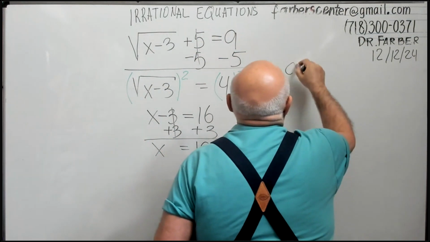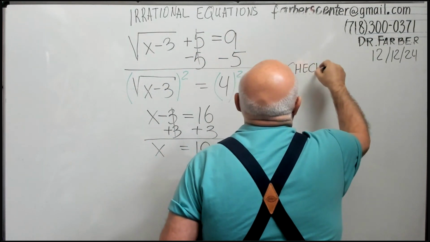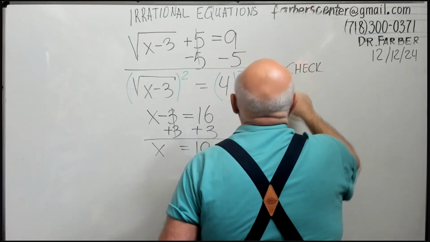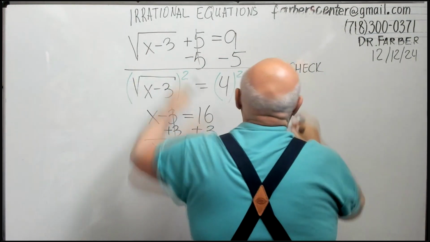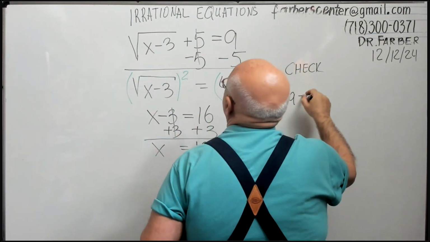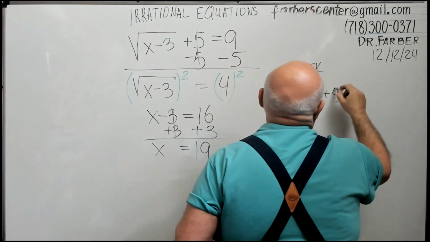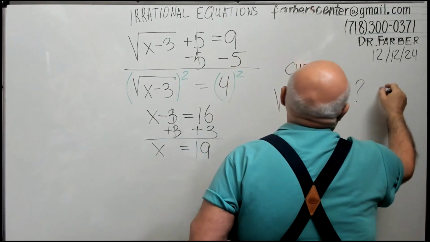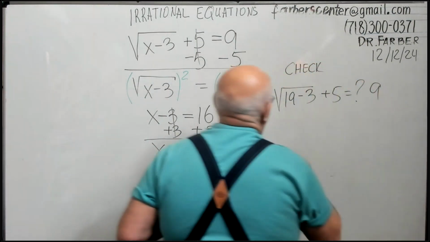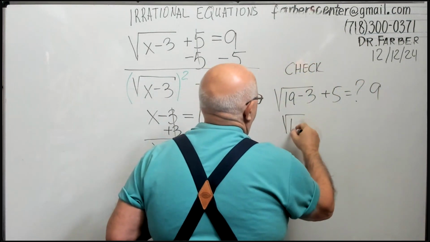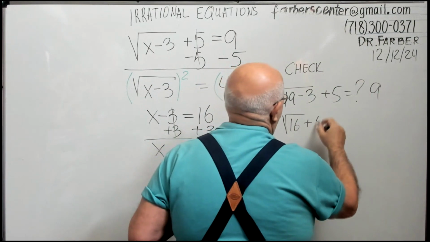How to check? Plug in this 19 over there. 19 minus 3, plus 5. Is it equal to 9? The square root of 16 plus 5.